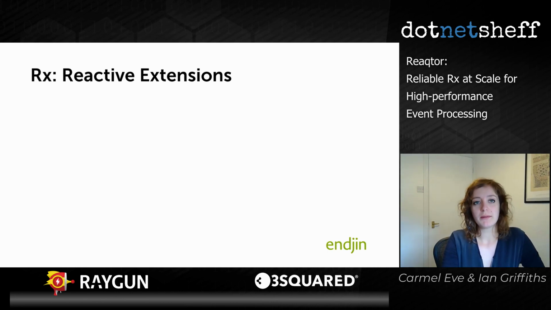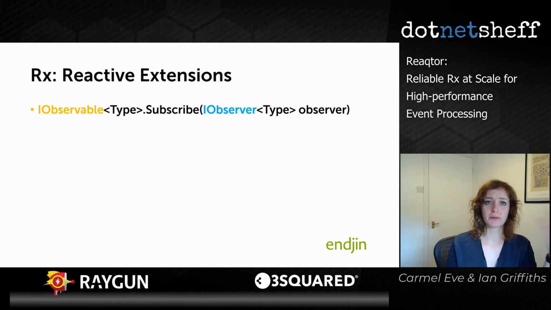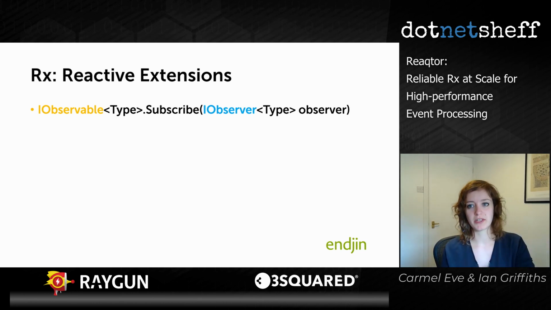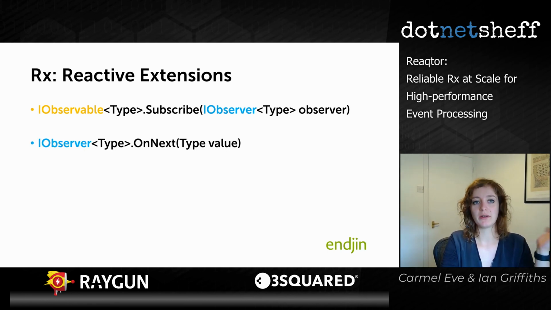And you subscribe to an observable using an observer. Observables have a subscribe method to which you pass an observer. This tells the observable that the observer wants to listen to these values. When an observable produces a value, it will pass that value to the onNext method of any listening observers.